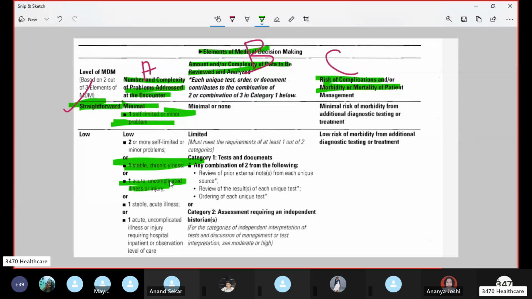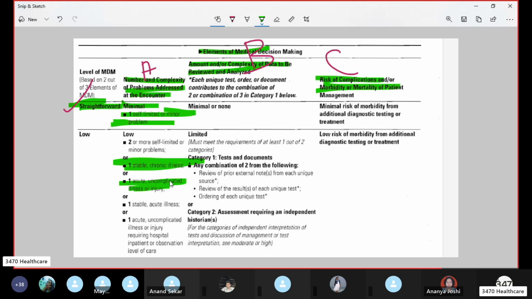Two or more self-limited, one stable chronic illness, one acute uncomplicated illness or injury, and one stable acute illness: one problem started but now stable, not worsening. Then it is for low.